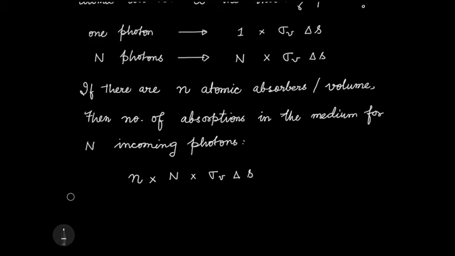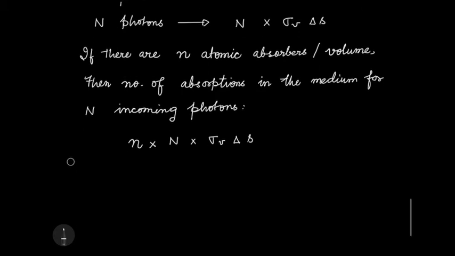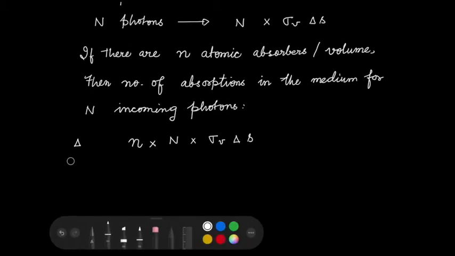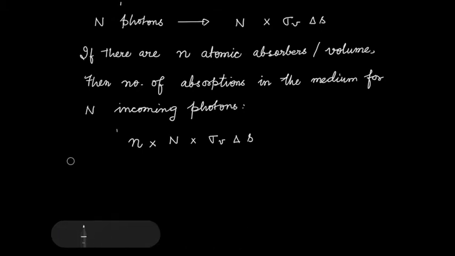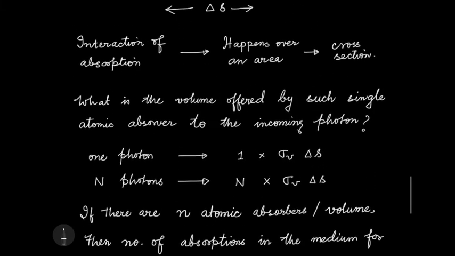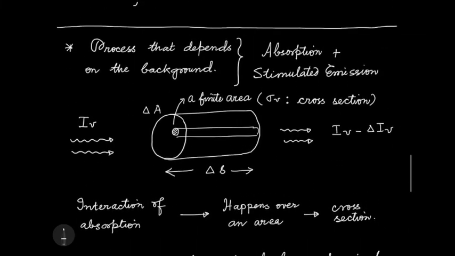So if there are n atomic observers, it will give you these many collisions. So if there are these many collisions, these many absorptions, these many photons will be lost. So if I write delta n, this is the number of absorptions. So let me keep it like this. So these many photons will be lost from the incoming photons, right?